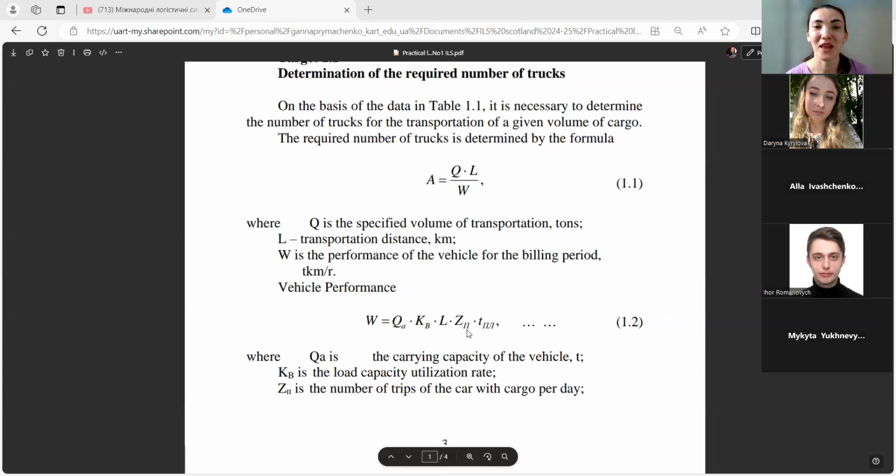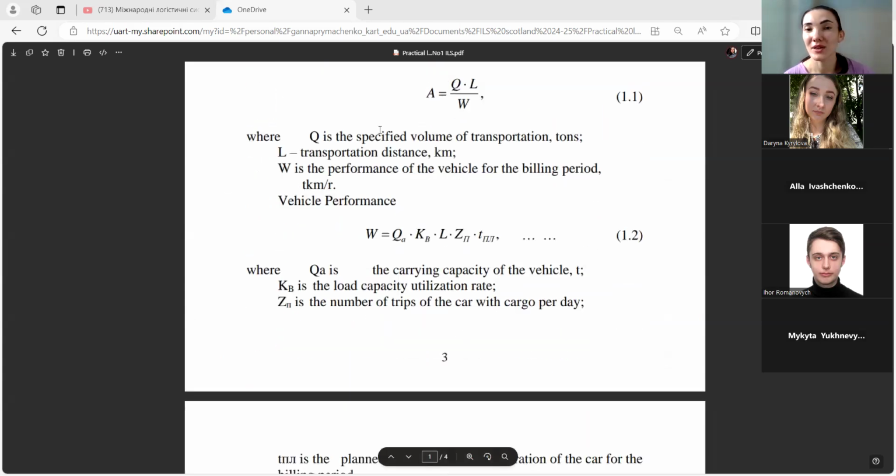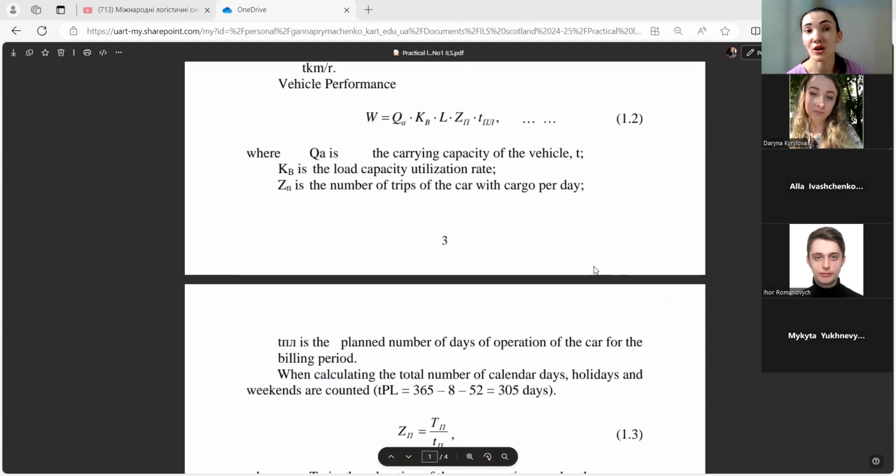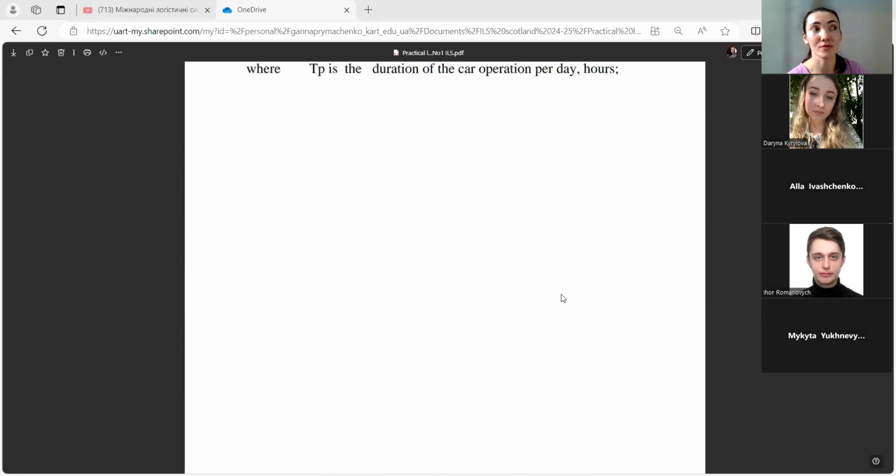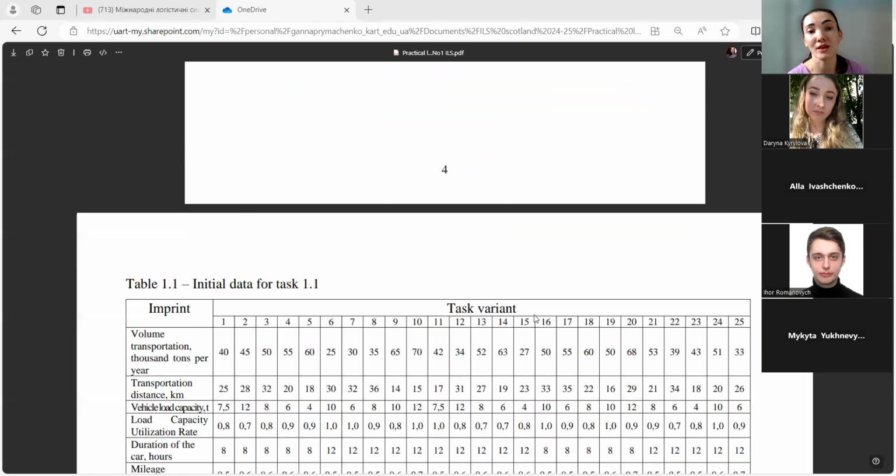So it is good. Okay, we can see that our first formulas in our methodics, it is about all year. It is Q all year. But the carrying capacity of the vehicle, it is on the cargo, for example.